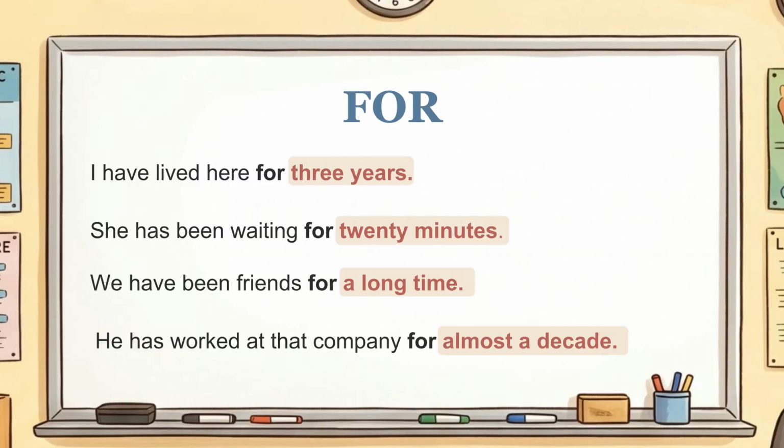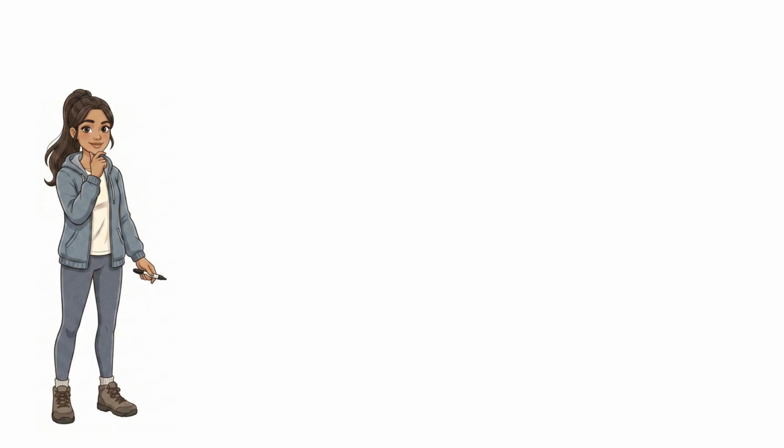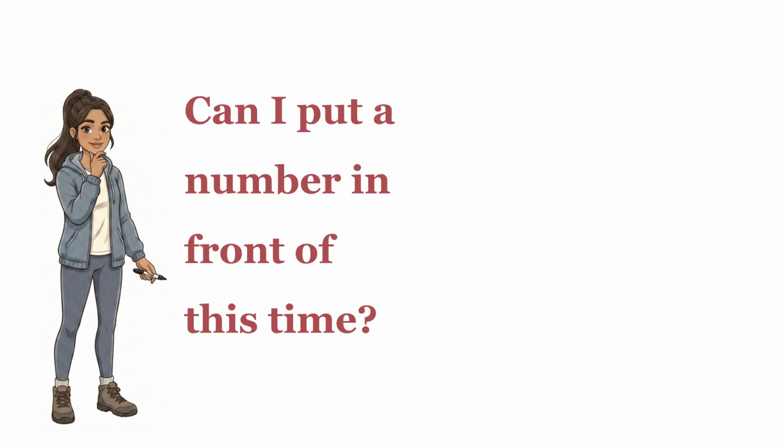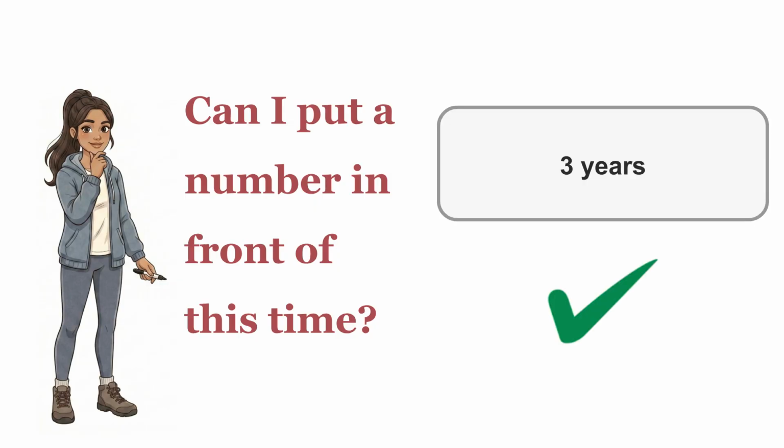Here is a quick test you can use whenever you are unsure. Ask yourself, can I put a number in front of this time expression? 3 years, yes, there's already a number there. Check. 20 minutes, yes. Check. A long time. It's vague, but it's still a duration, a length. Check. Monday.